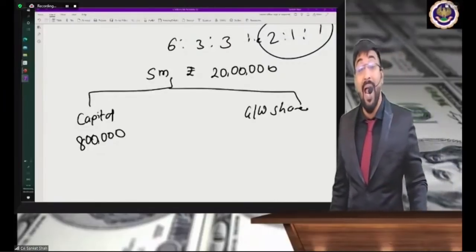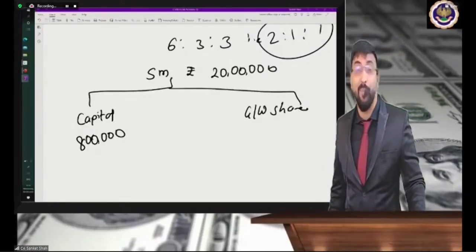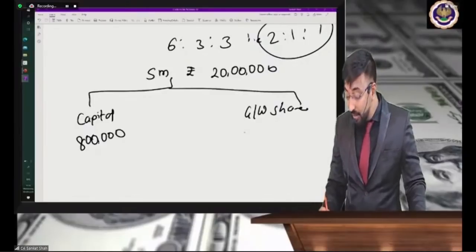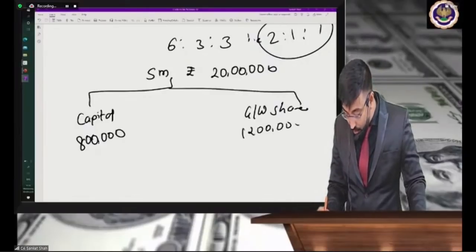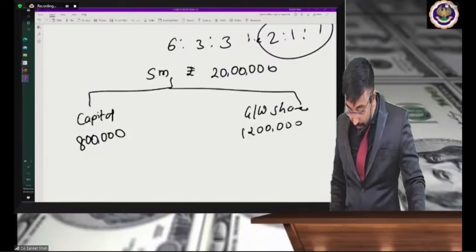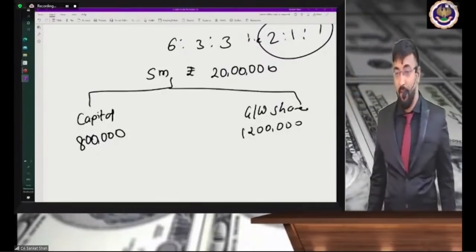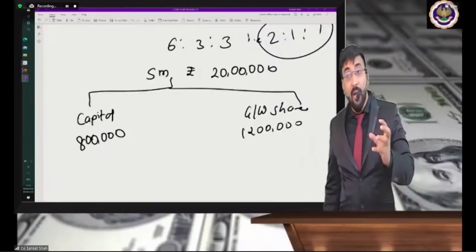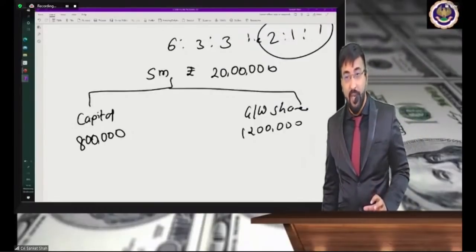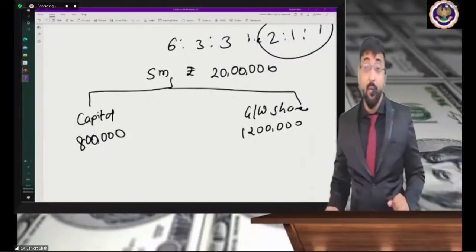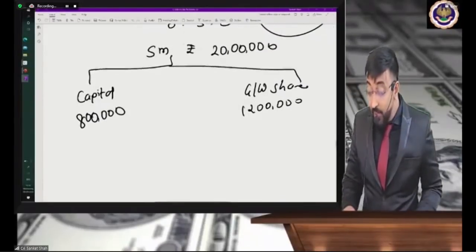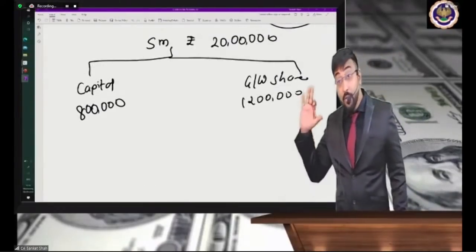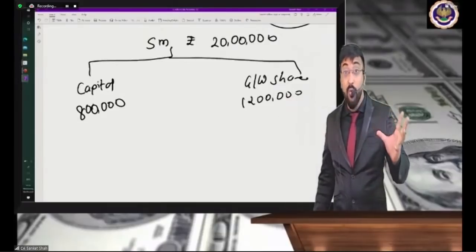So 8 lakhs he brought towards capital, and he brought 12 lakhs rupees towards goodwill. Now, what is the basic difference between these two? Whatever amount is brought by Mr. Sarvesh Mendale will be divided in two parts: one towards capital and one towards goodwill.